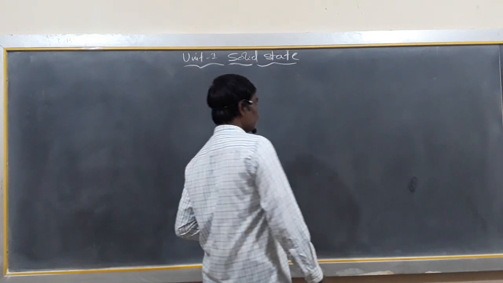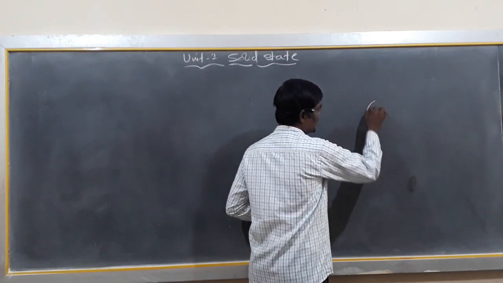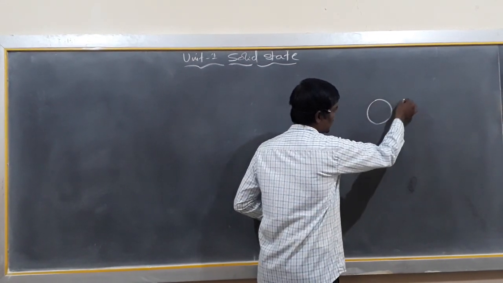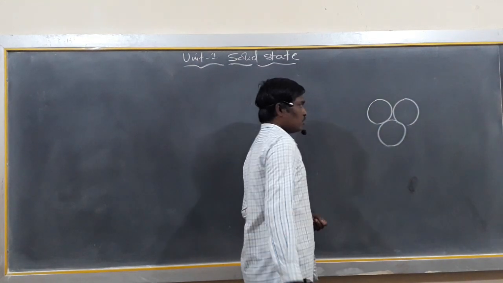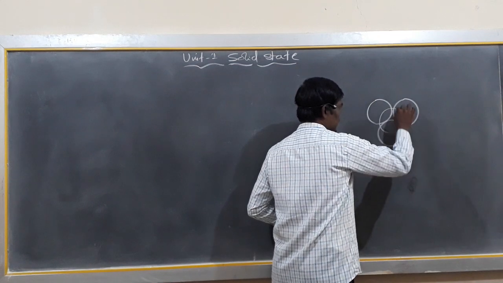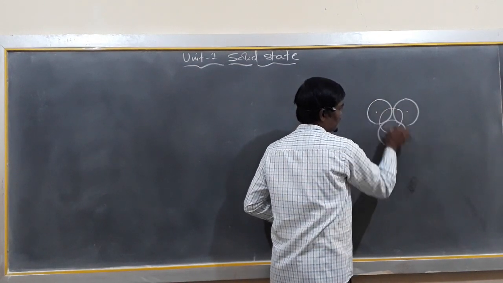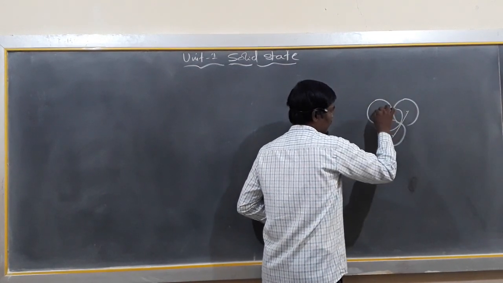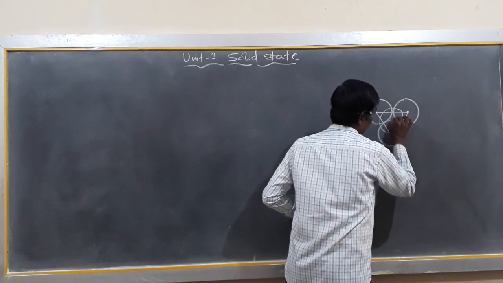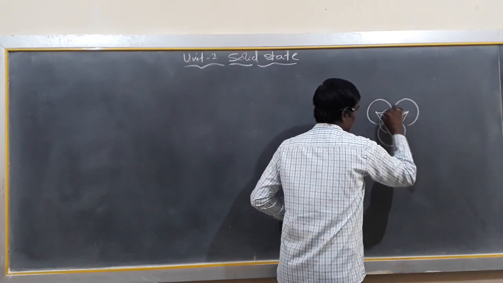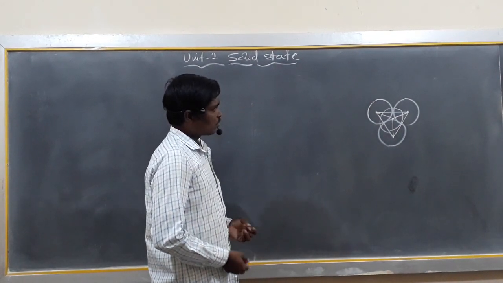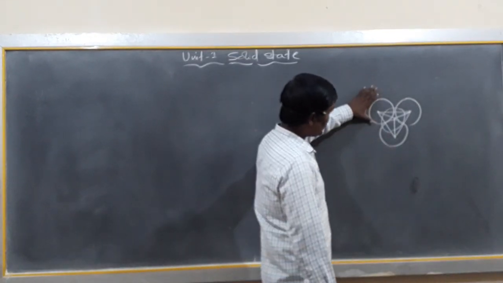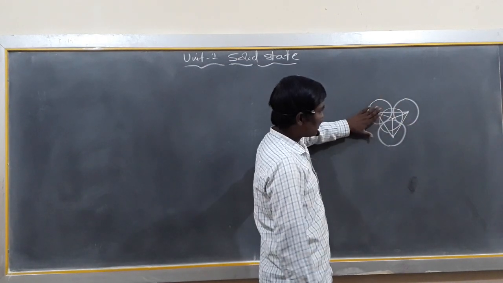One is the tetrahedral void, another one is the octahedral void. Let me recall how the tetrahedral voids are formed. So when we join the three spheres, this is the arrangement of particles in hexagonal close packing system, where the first layer has three particles.